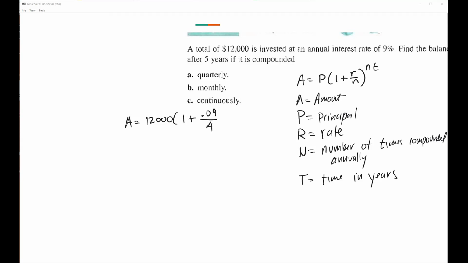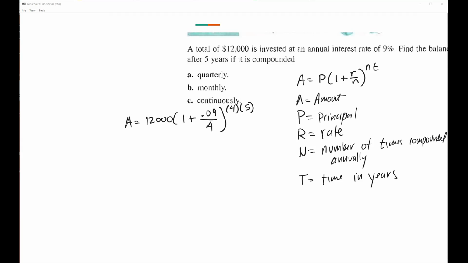So you divide that by 4, so 0.09 divided by 4, and then N is 4. What's T? 5, so after 5 years.